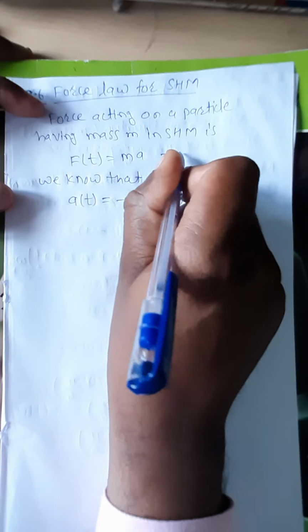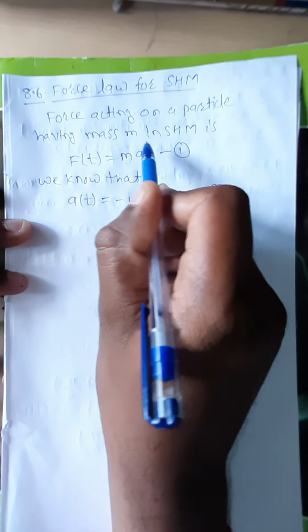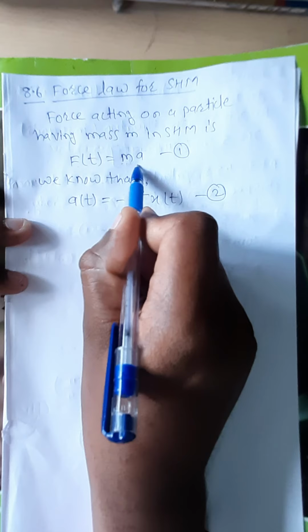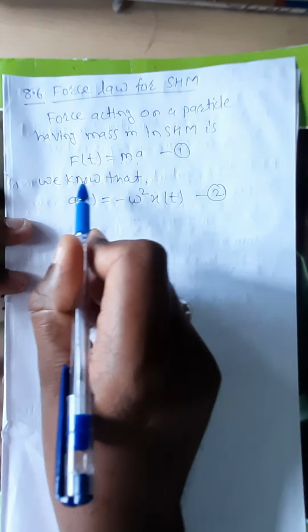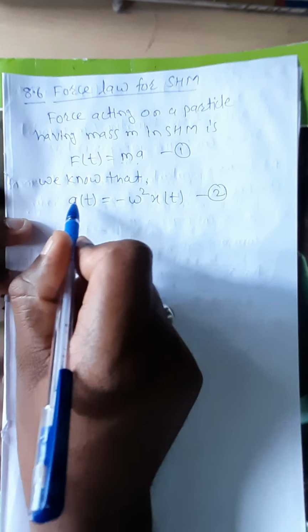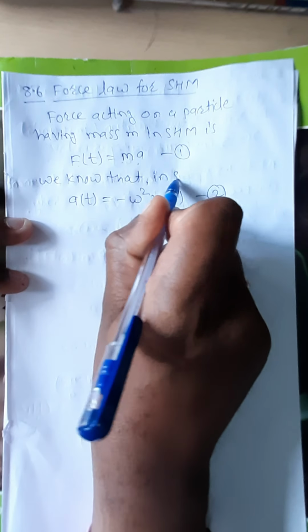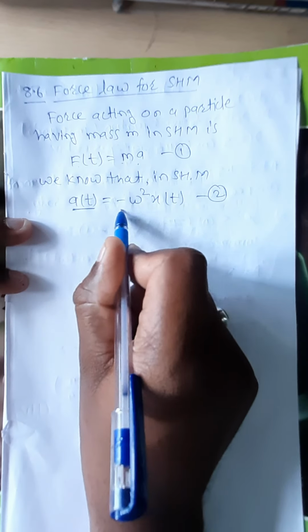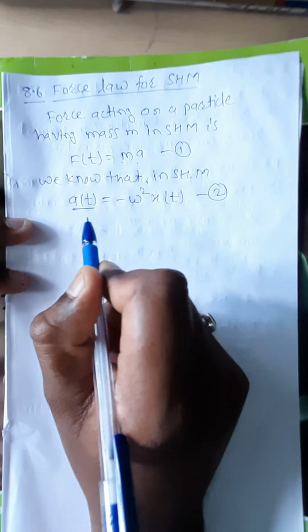Now this is equation number 1, and this is equation number 2. See here, the force acting on a particle having mass m in simple harmonic motion is force equal to mass into acceleration. But we know that in simple harmonic motion, acceleration is equal to minus omega square x at t.